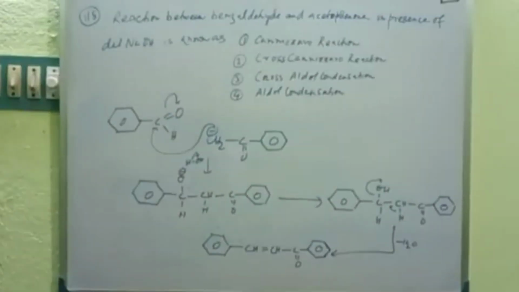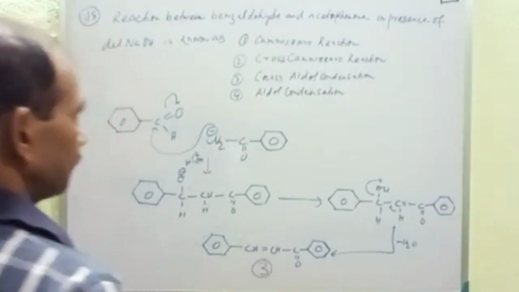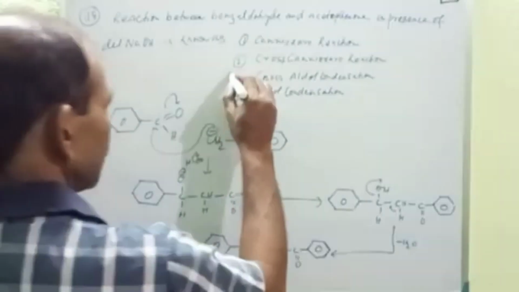As it occurred between two different carbonyl compounds, that is benzaldehyde and acetophenone, it is a crossed aldol condensation. That means the right option is option number 3. This is the right option.